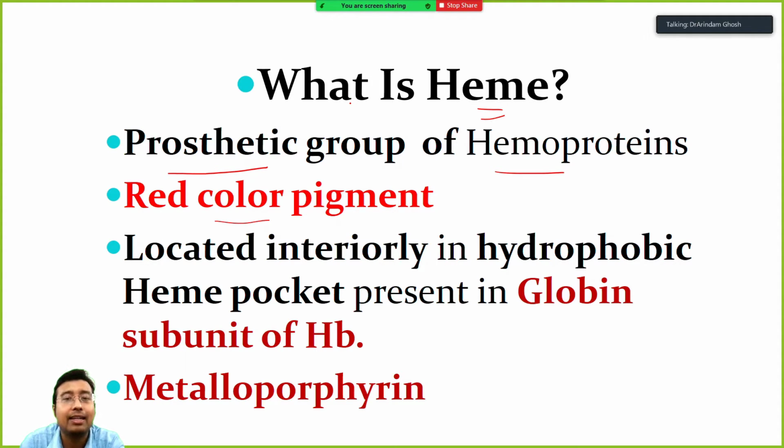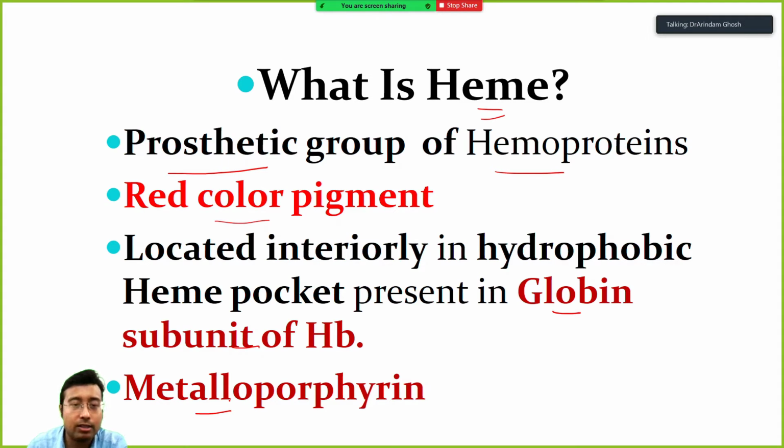It is located interiorly in the hydrophobic heme pocket in the globin subunit. I told you, one globin subunit, and the heme is present at the center. And I told you the outer part is hydrophilic and the inner part is hydrophobic. So this heme is actually located in the inner hydrophobic pocket of the globin subunit, and it is a metalloprotein, a metalloporphyrin, because it contains iron.